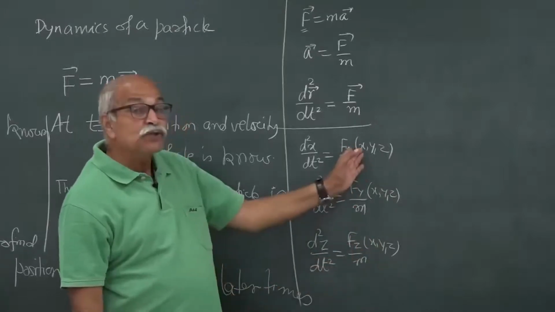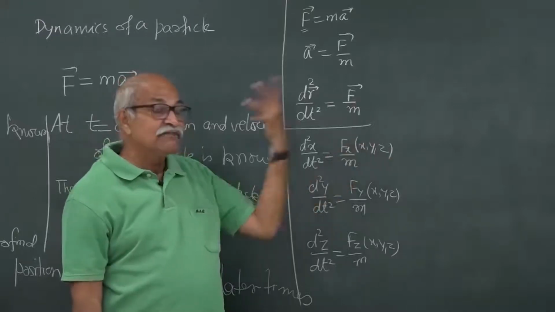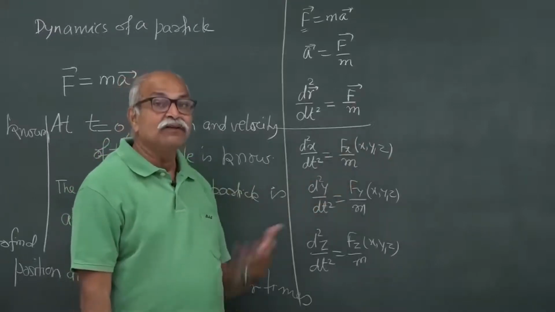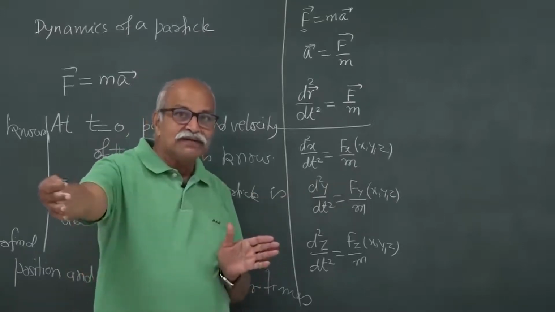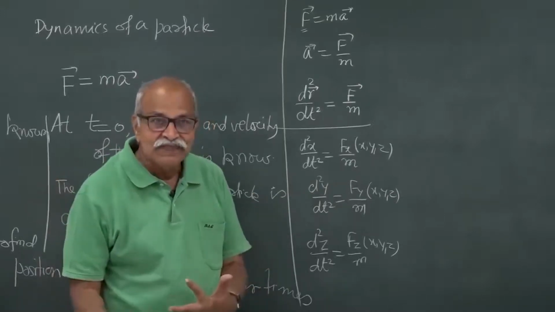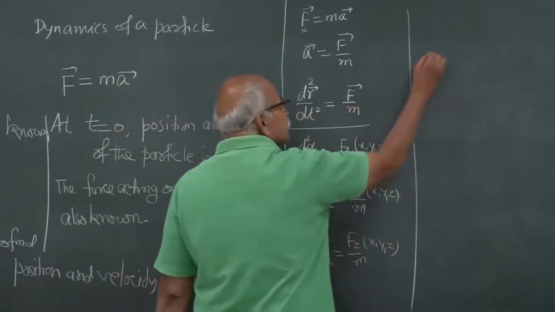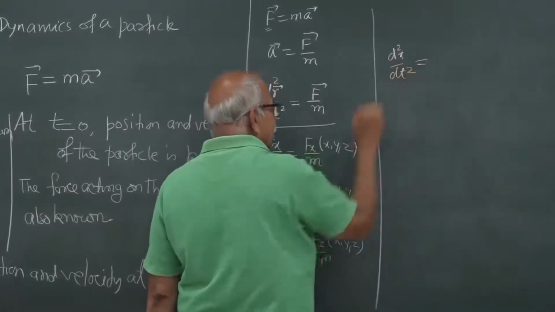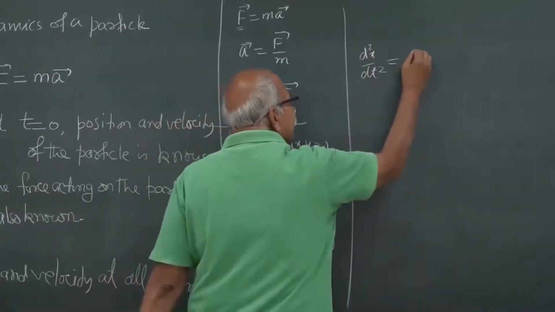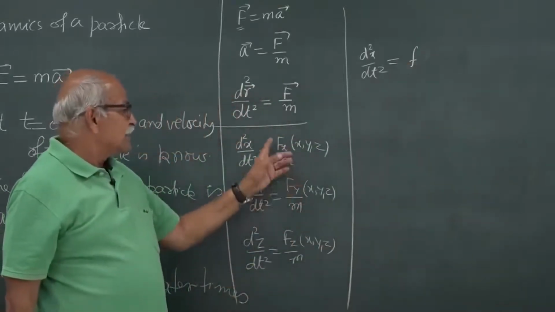If it so happens that it does not depend on x y z or t, it is constant, or during the entire motion of the particle we are interested in, this force is constant. Then life is very, very simple. d2x dt square is equal to a known function Fx by m. This is constant, right? We start with constant force. So, this Fx by m is constant.